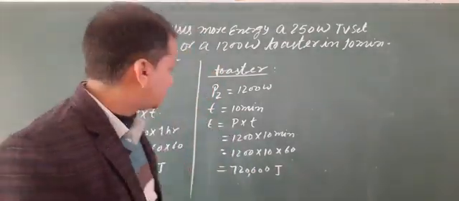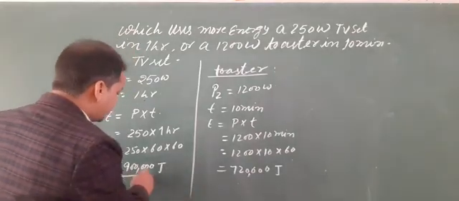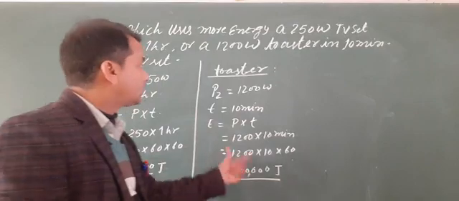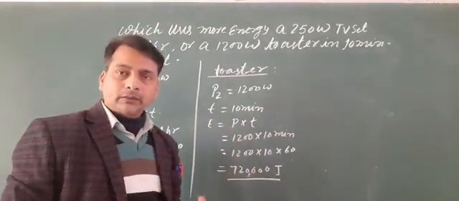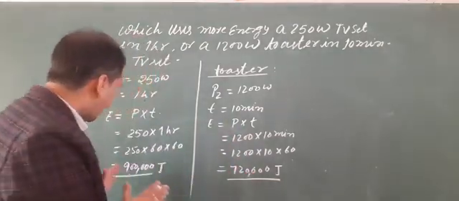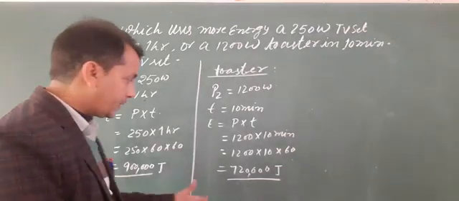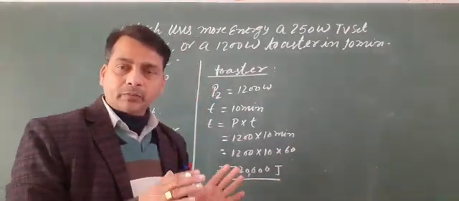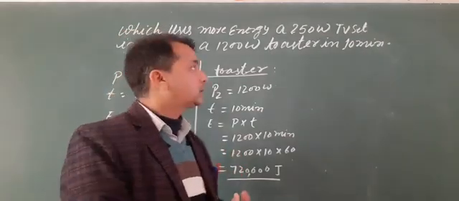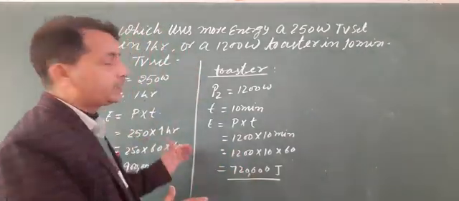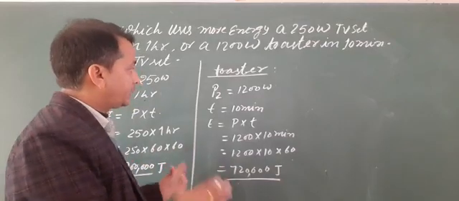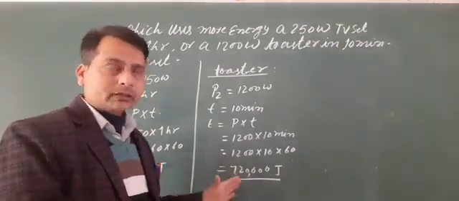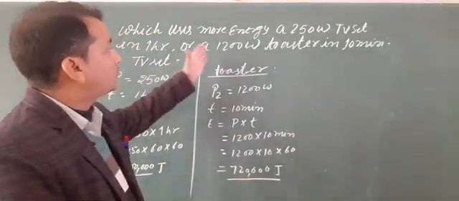So comparing the electrical energy consumed by the TV set and the toaster, 9 lakh is greater than 7,20,000. So it is clear that the electrical energy consumed by the TV set is more than that consumed by the toaster. In this question, which uses more energy?